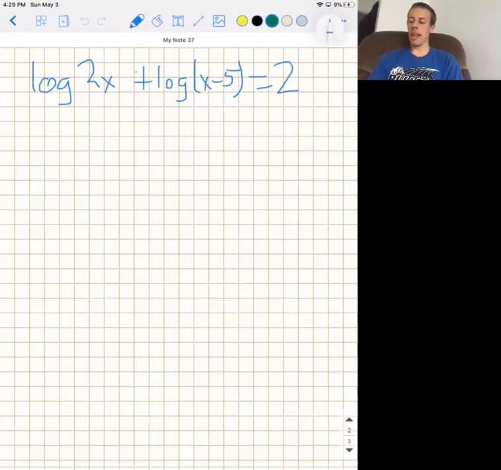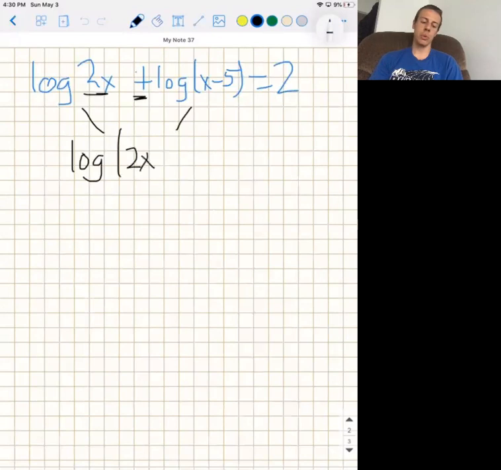The first thing we need to remember is that if you are adding two logarithms, we can put them together in one logarithm and write it as a multiplication statement. So the log of 2x times x minus 5. Again, if they don't write anything, just assume it's log base 10.